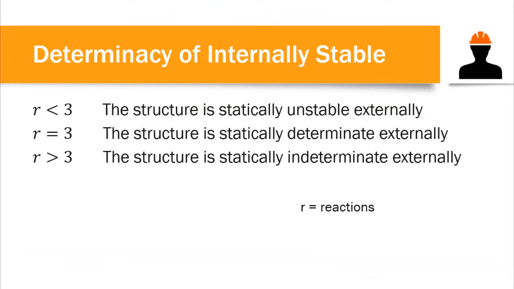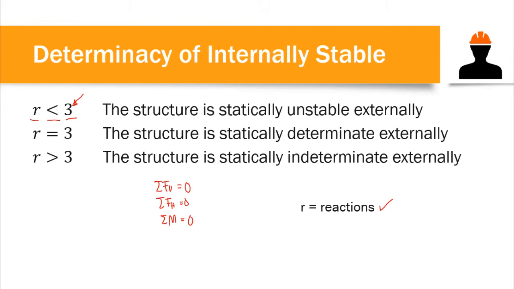In order to identify the determinacy of an internally stable structure, we have this condition. R is the number of reactions, and 3 is the number of equilibrium equations. Again, we have three equilibrium equations: summation of vertical forces, summation of horizontal forces equal to 0, and summation of moment equal to 0.